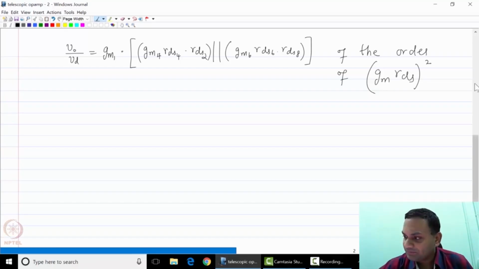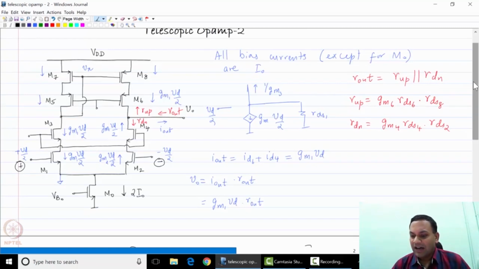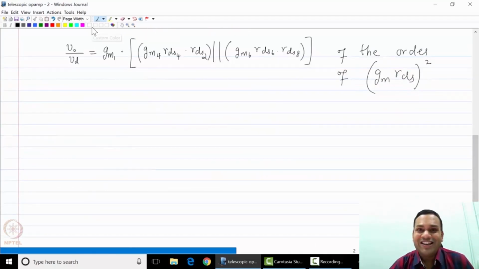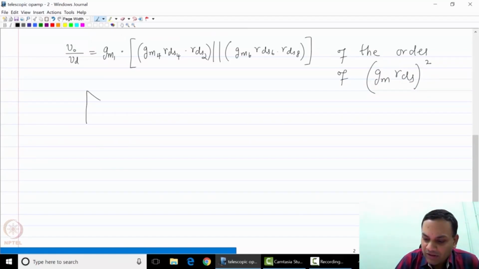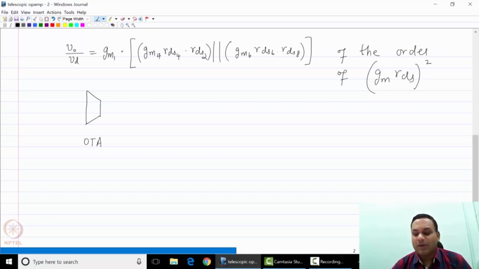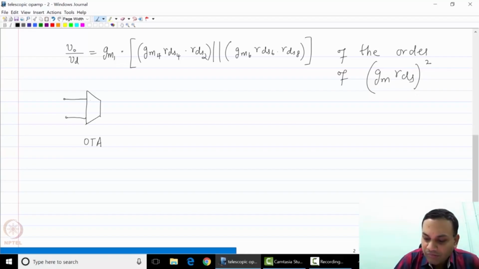Now let us quickly point out a couple of things. If you look at the overall GM of this device, this op amp is also best represented by an operational transconductance amplifier, because it has a transconductance and a very large output resistance.